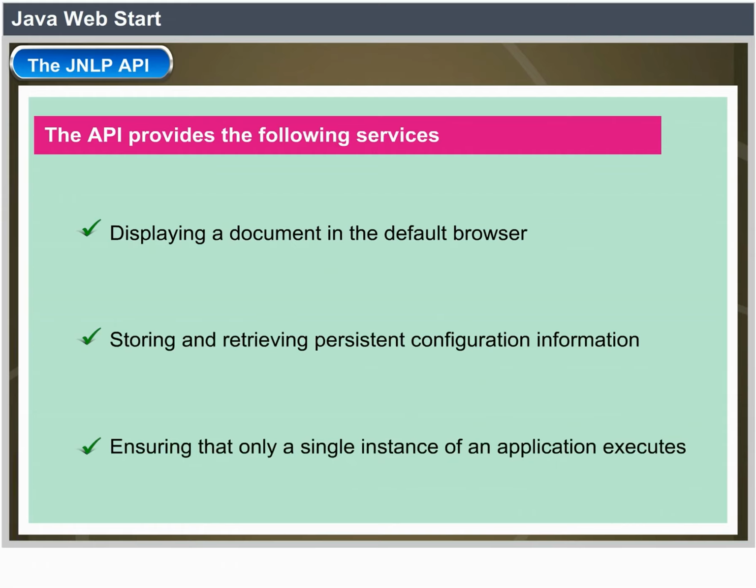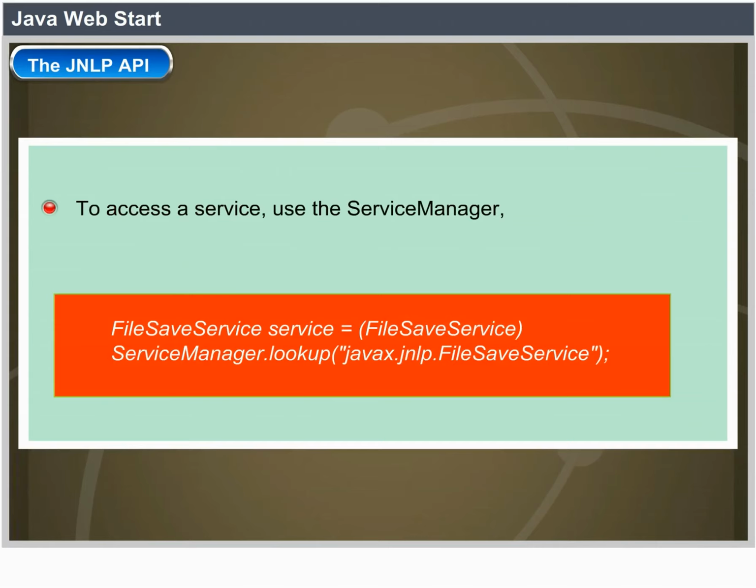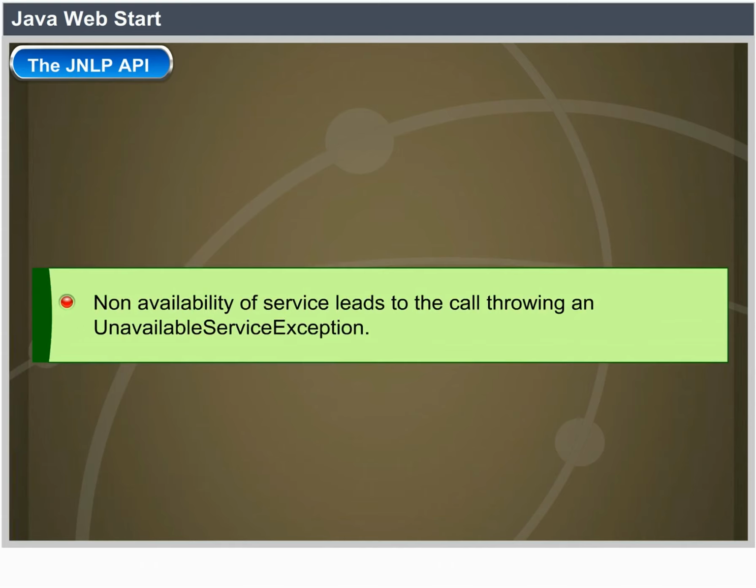To access a service, use a service manager like this: FileSaveService service = (FileSaveService) ServiceManager.lookup("javax.jnlp.FileSaveService"). Non-availability of the service leads to the call throwing an UnavailableServiceException.